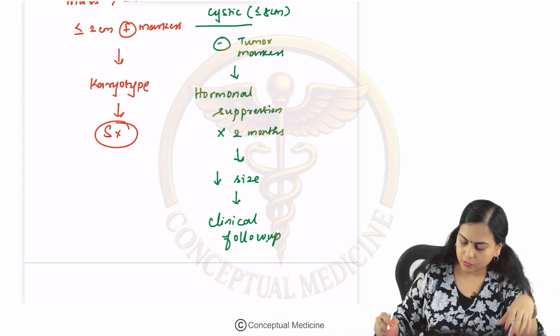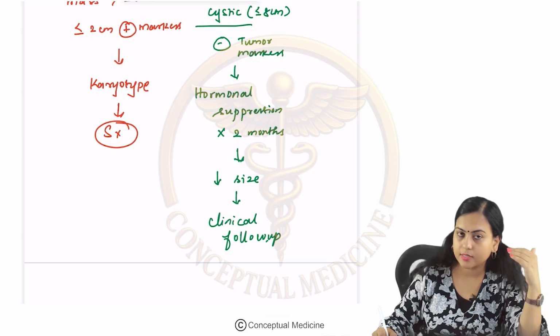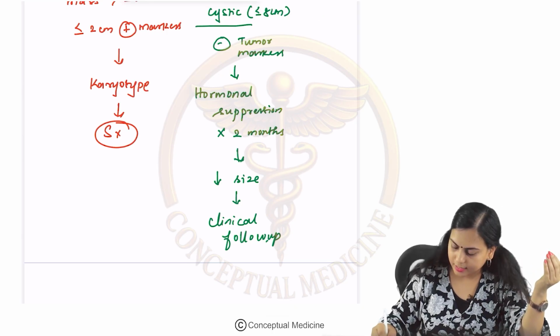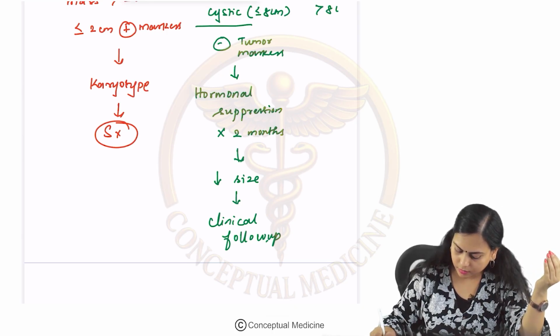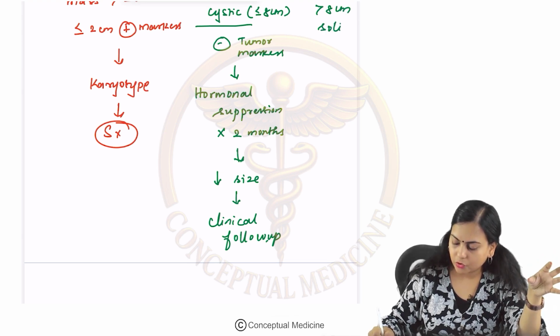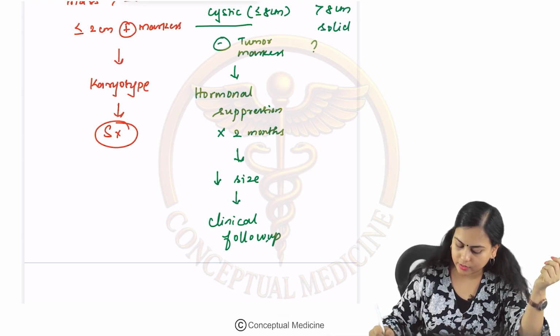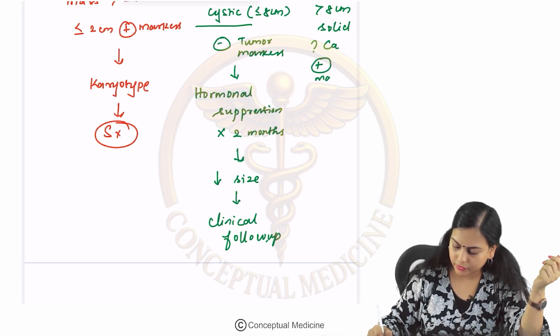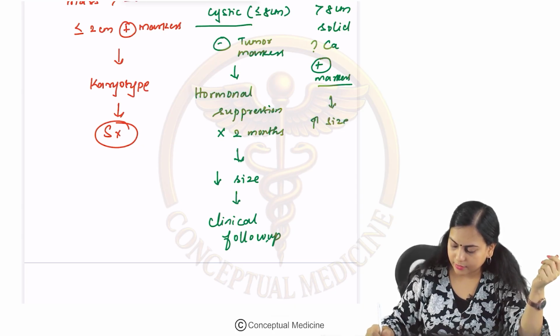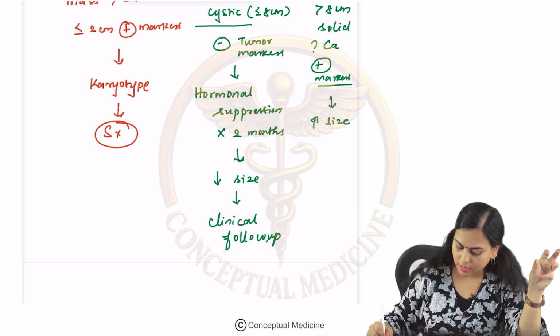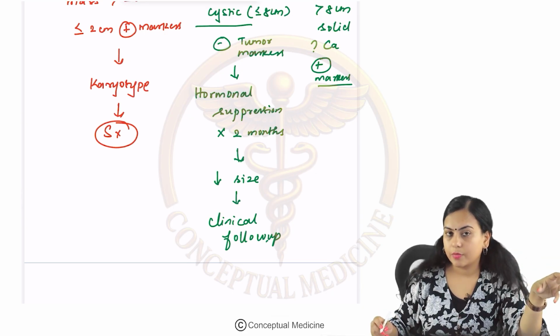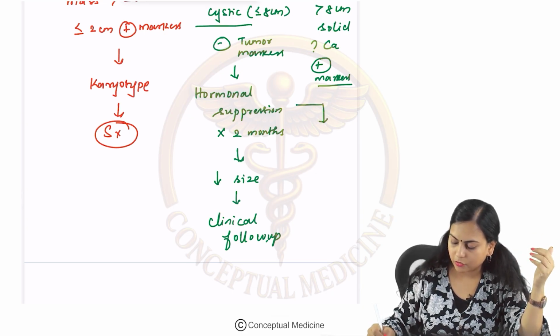Clear? Suppose the cyst size is more than 8 cm and it is solid, or there is suspicion of carcinoma, or you have positive markers, then you have to look for the size. If the size increases or there is persistence, in these people also you can offer hormonal suppression for 2 months.